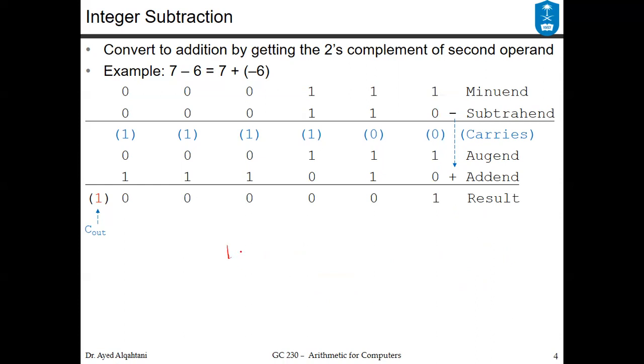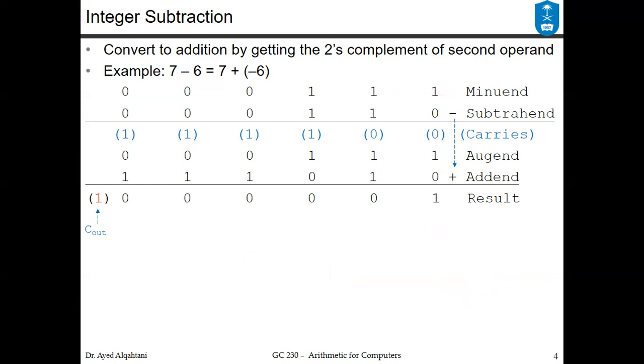Similarly, if you have 1 plus 1 plus 1, that's 3 in decimal, which is in binary 1, 1. So 1 plus 1 plus 1 is equal to 1 and carry 1 to the next position. If you remember this, you will get the binary addition correct every time.